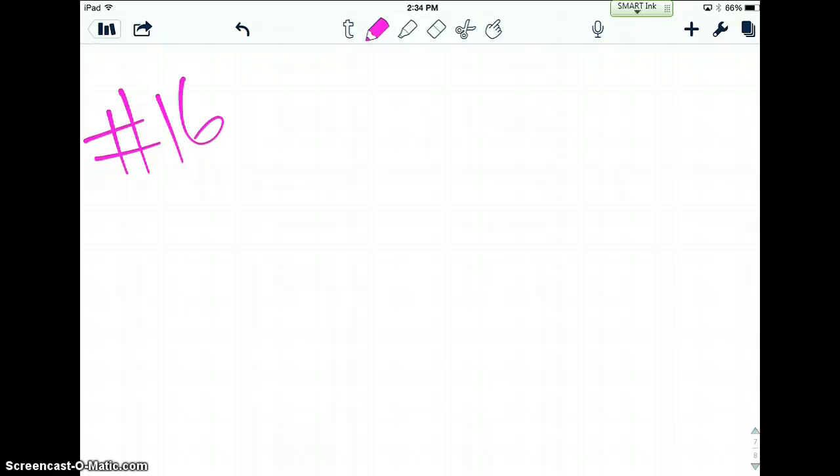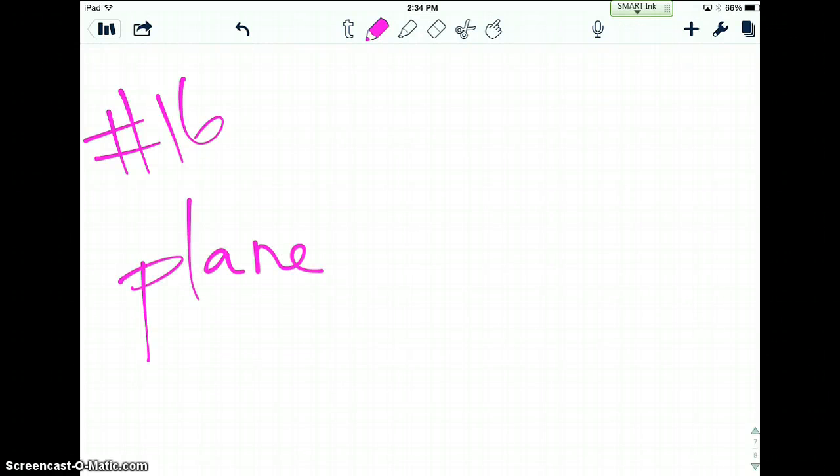I'm going to say J blah blah. So we're looking at a plane parallel to line LH. So if I choose J, what plane is going to be parallel to line LH?